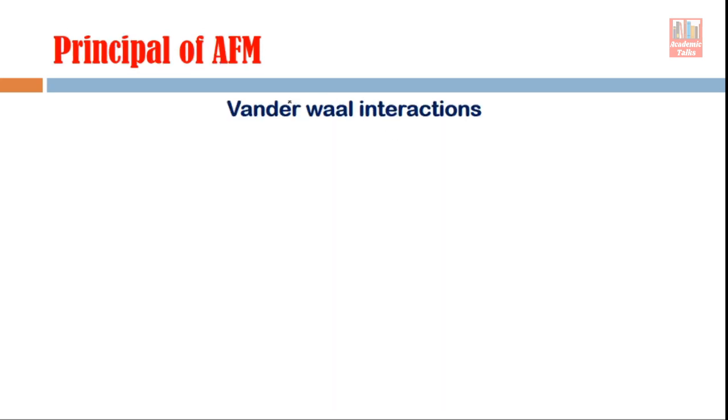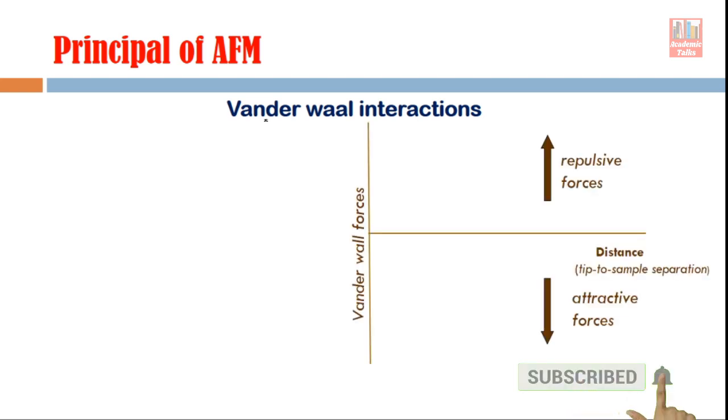Before moving further, let's have more discussion about the van der Waals interactions. You have studied in your lower classes about van der Waals interactions. So when we talk about van der Waals interactions, this kind of graph comes to our mind. Here on the x-axis there is the distance between two bodies. So this is body A and this is body B. This is the gap between these two bodies, and if these two bodies come close to each other, then they start feeling van der Waals interactions.